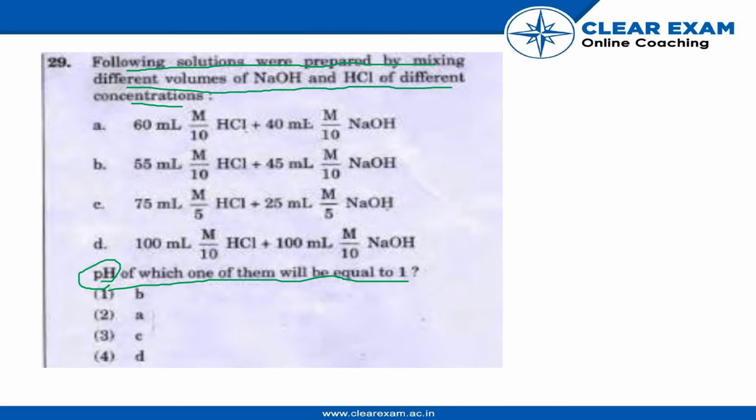So the pH of 75 ml M/5 HCl and 25 ml M/5 NaOH. Let's see how. If we add 75 plus 25, we get 100 ml, right?